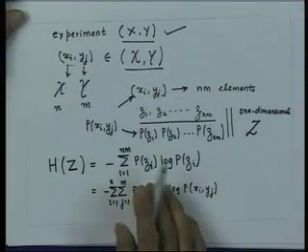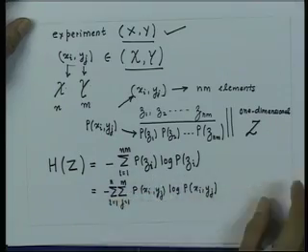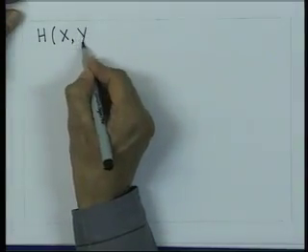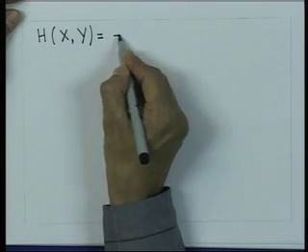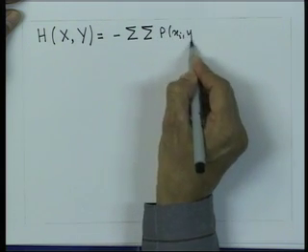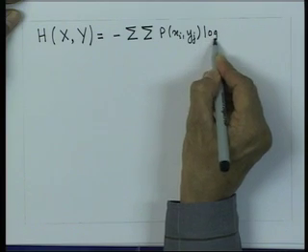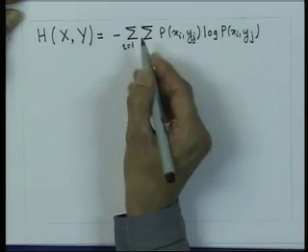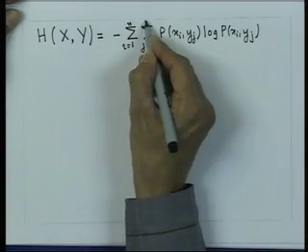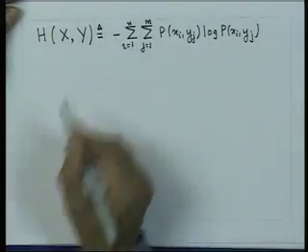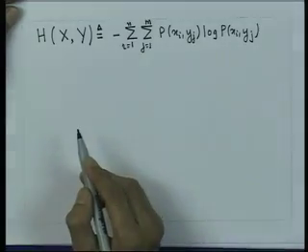So, I can use this argument to define my information measure for joint event XY. So, this is the information measure which I will define for my experiment consisting of two events.